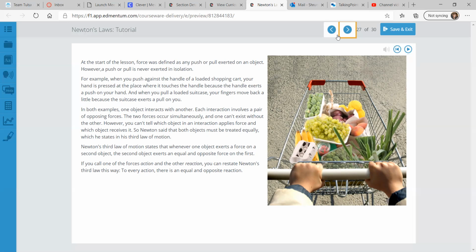Newton's third law of motion states that whenever one object exerts a force on a second object, the second object exerts an equal and opposite force on the first. If you call one of the forces action and the other reaction, you can restate that in this way: to every action, there is an equal and opposite reaction.